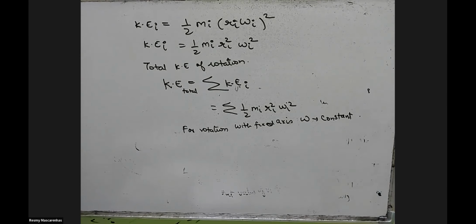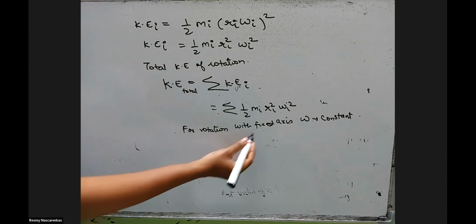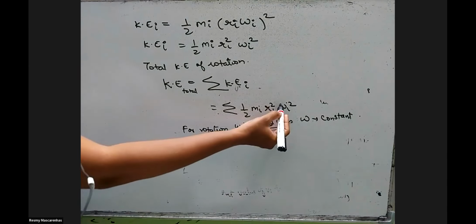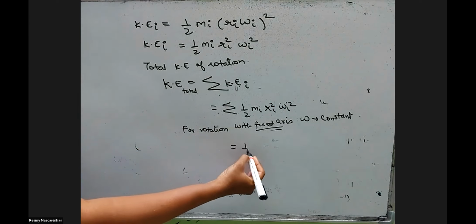For half a rotation, your fan will suddenly become slow, and for half a rotation, it will become fast. Half part of the fan moving at a different speed. If you keep it at a fixed speed, it will move at that particular speed only. Until and unless you change the regulator, it will be constant. It will be moving at a constant angular velocity for a fixed rotation. Okay, for a fixed axis. So this is constant. So this will come out.